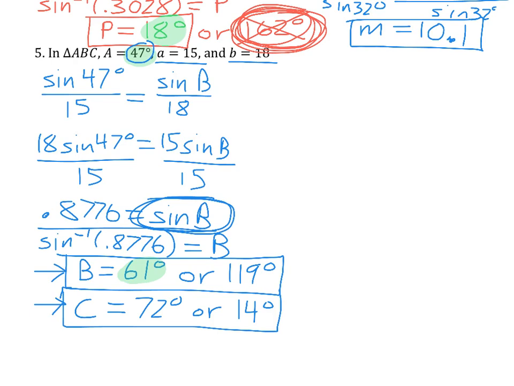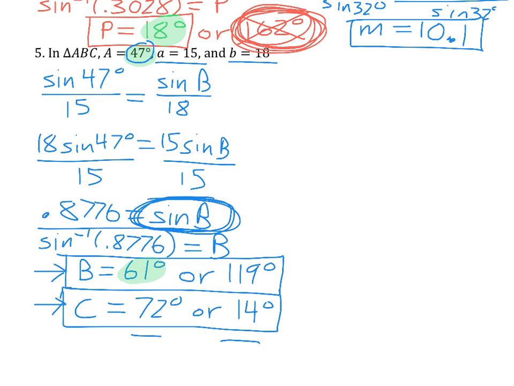We did not use sine to find angle C. So you only find supplementary angles for the one that you used trig. Trig is SOHCAHTOA, sine, cosine, or tangent. These definitely do not add up to 180.